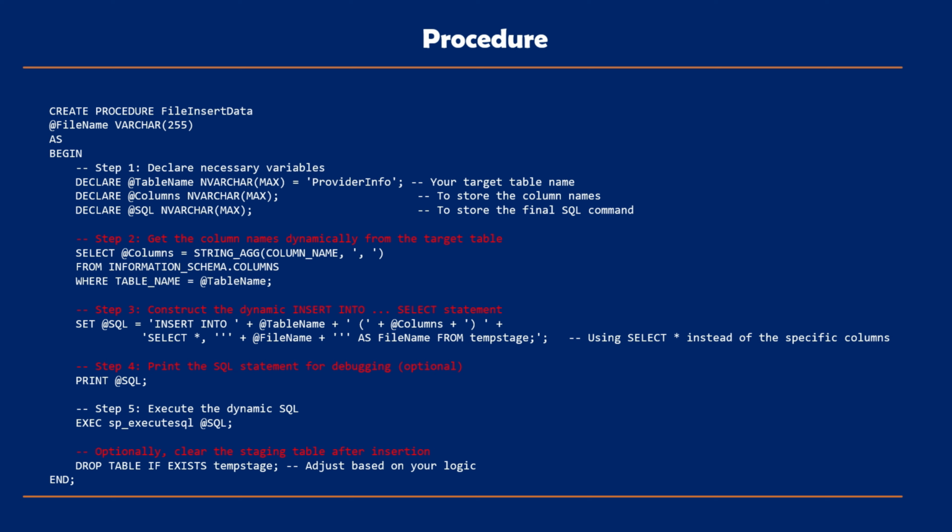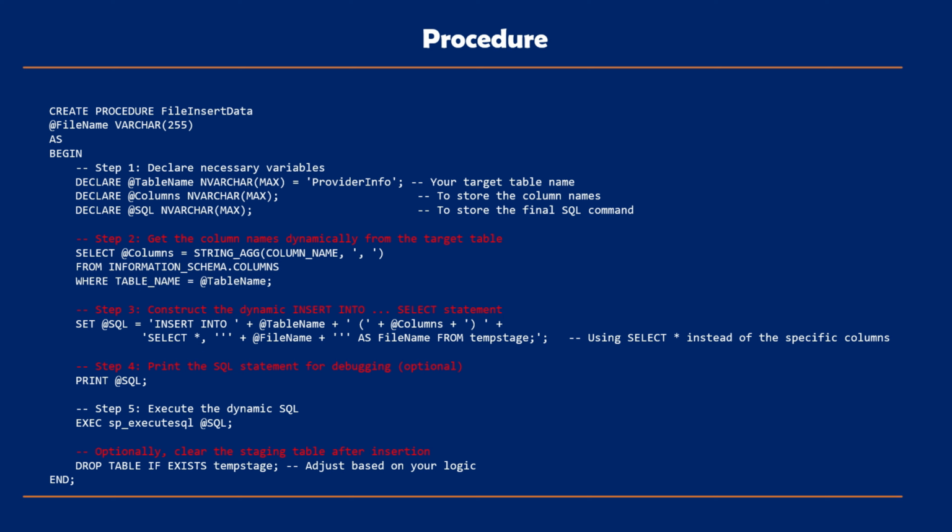One is table name. This variable holds the name of the target table. In our case, provider info is the target table. Another variable, columns, holds the column names from the target table, and all the columns are separated by commas. And another variable, SQL, holds the final SQL command.